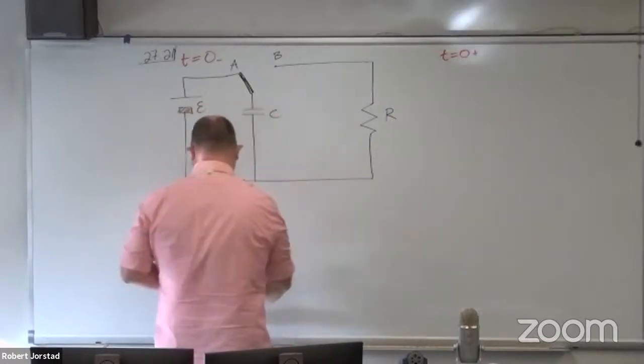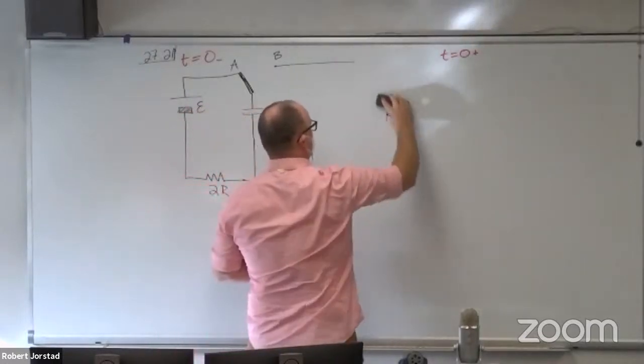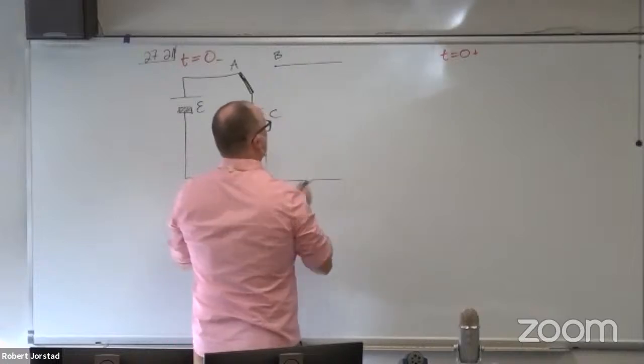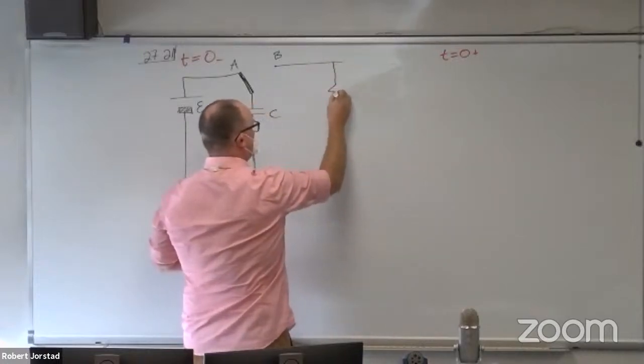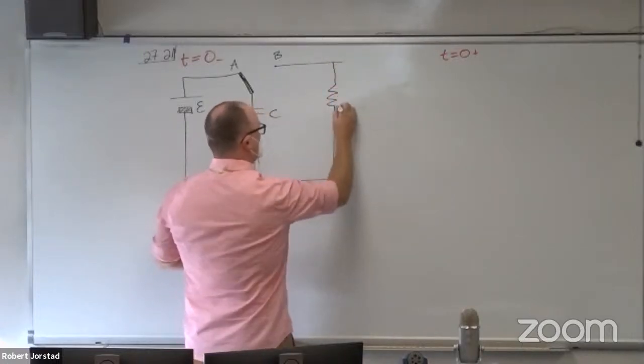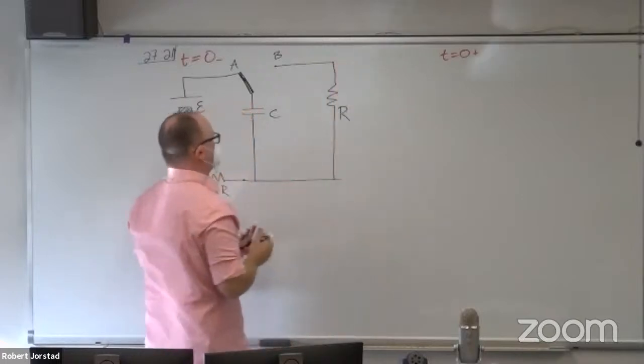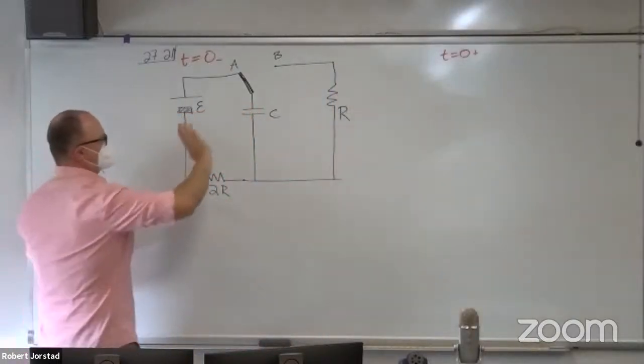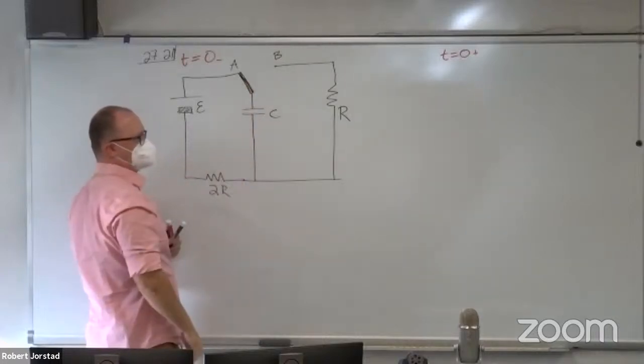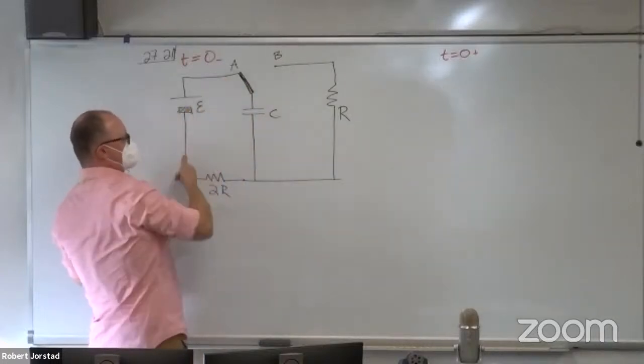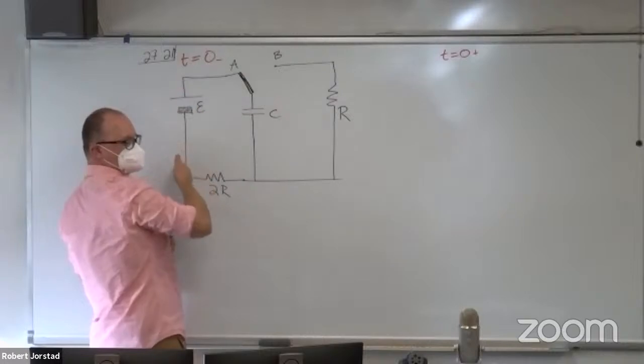And I'm just looking at this. I can tell I'm going to run out of room a little bit, so I'm going to scoot this over. Just so I have room here. And then when I flip it over to position B, do you agree that everything over here is no longer in the circuit?